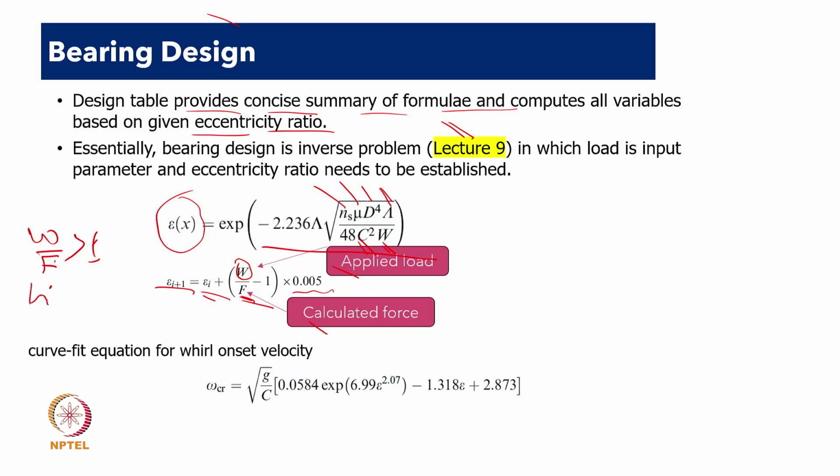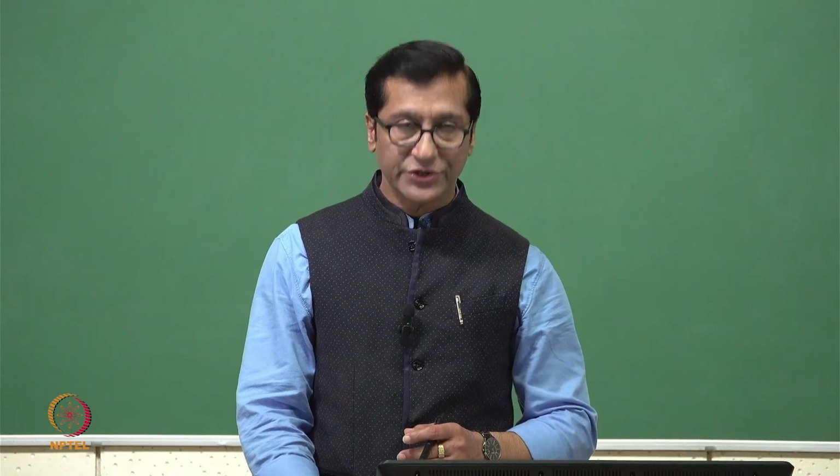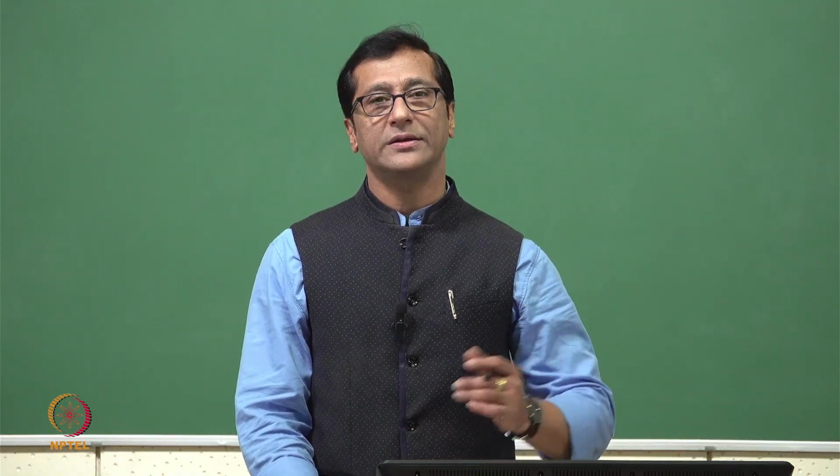However, if W by F is less than 1, then this bracket value will be negative. That means eccentricity will be decreased. This way we iterate the eccentricity ratio, and in a few iterations we come up with the right solution.